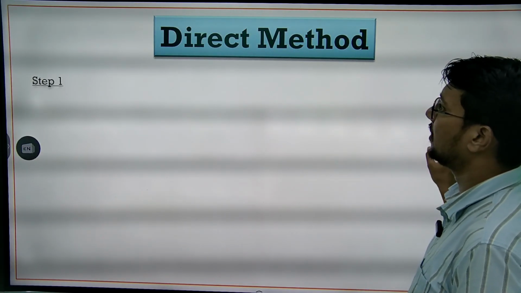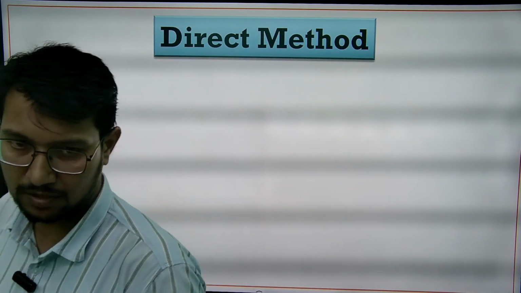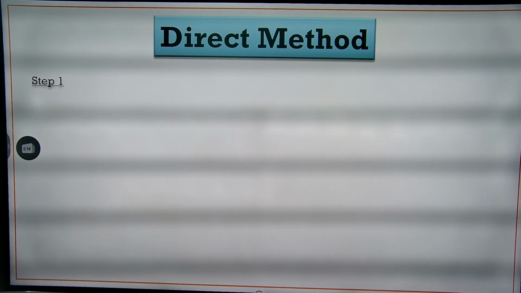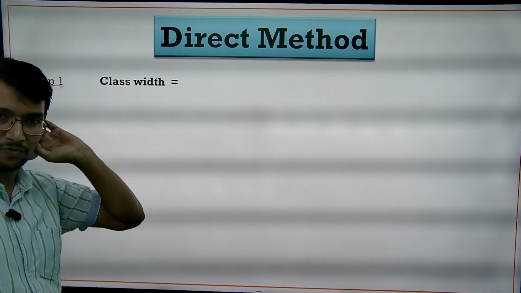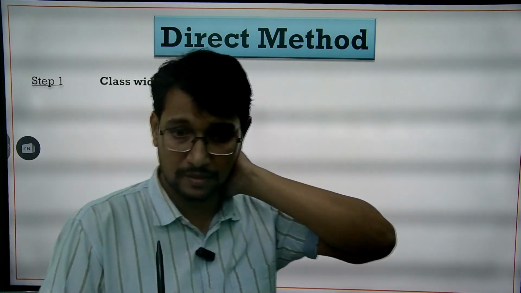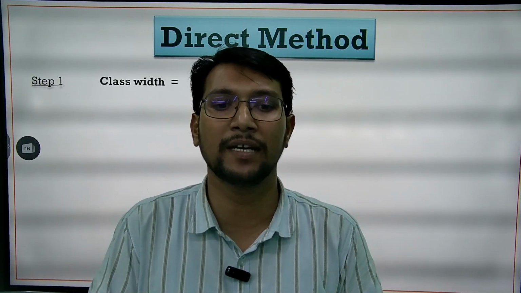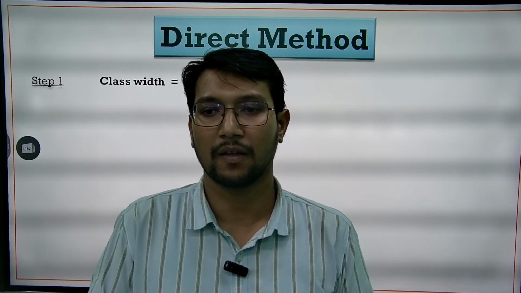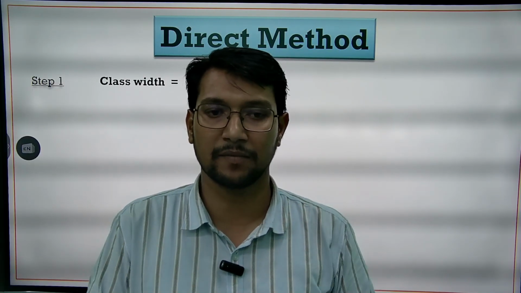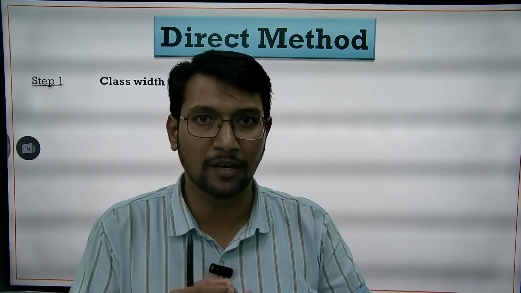So for the direct method we are going to discuss two steps. Step one: let us find the class width. Class width means class size. Did I discuss with you how to find class size or class width? Let me say it again. There are three ways to calculate class width or class size.